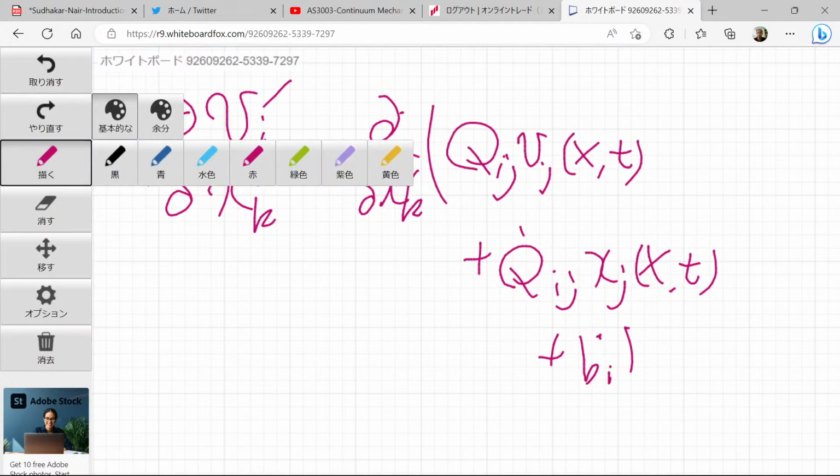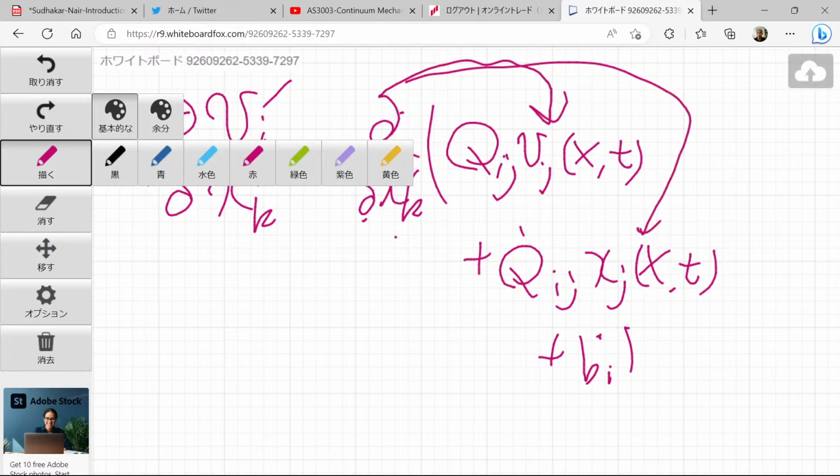It seems like this differentiation acts on here and here, but not here. Right?